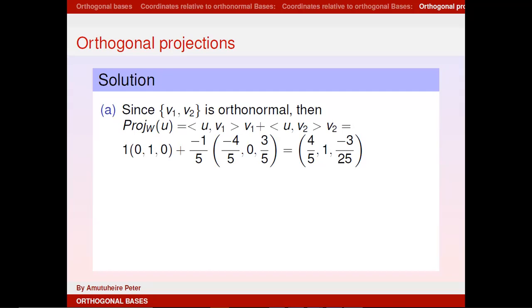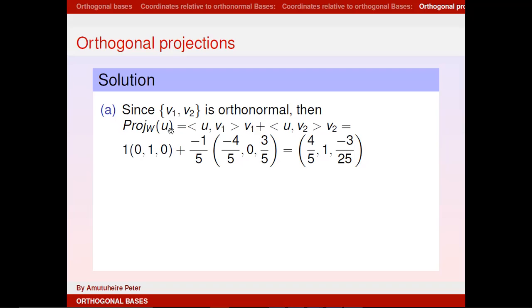When we take the dot product of U and V1, it is 1 times vector V1. The dot product of U and V2 is negative 1/5 times vector V2, which is this. So when we do this addition, this is going to be 0 plus 4/5, so it gives us 4/5. This is 1 plus 0, so it gives us 1. This is 0 minus 3/25.